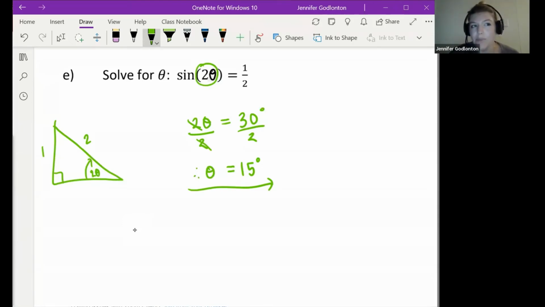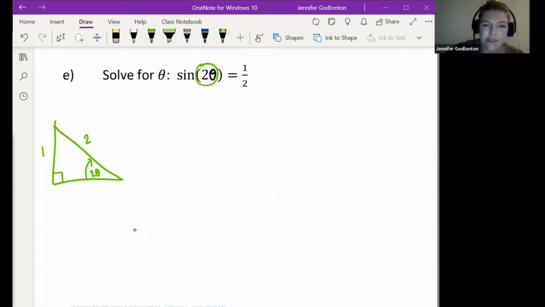Tlalefo, can I help? Hi, ma'am. Can you please repeat what you said? Sure. If I was looking at this triangle over here, I've got 2 theta, my opposite would be 1, my hypotenuse would be 2, which is basically what this equation is telling me.